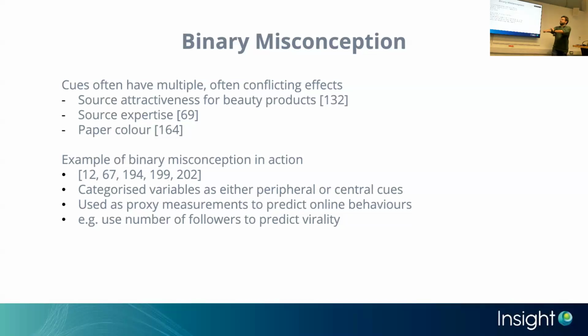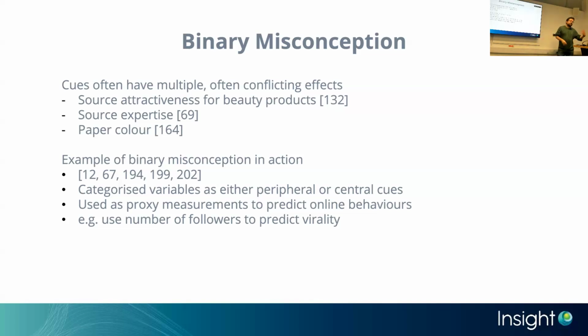And then I found a lot of examples of binary misconception and action in some of the papers where they would categorize variables like number of followers, expertise, so on, as either a peripheral or a central cue. Then they would use these as proxy measurements of peripheral or central processing, type 1 or type 2 processing, and then they would try to predict online behaviors.